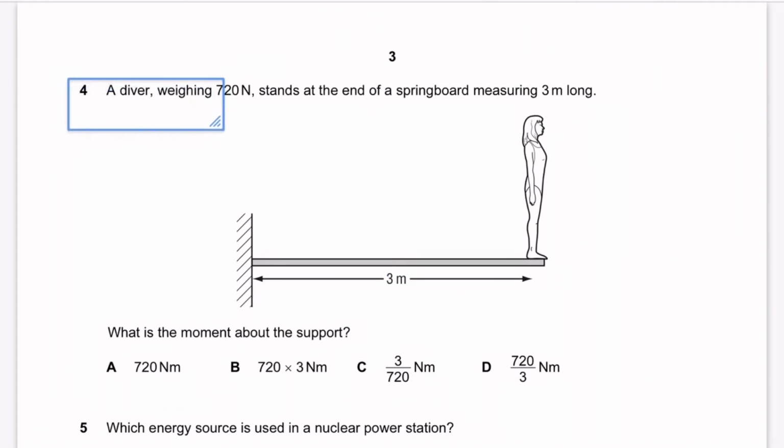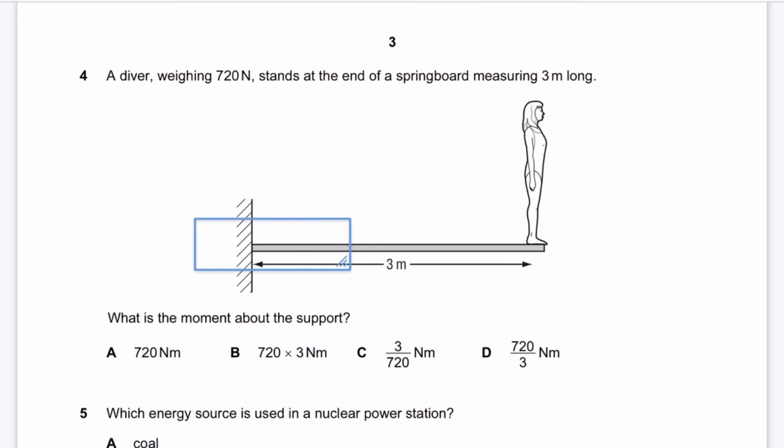A diver weighing 720 Newton stands at the end of a springboard measuring 3 meters long. This is the diver, this is the springboard. The question asks, what is the moment about the support? Alright, the support. Let's say that this is the support.